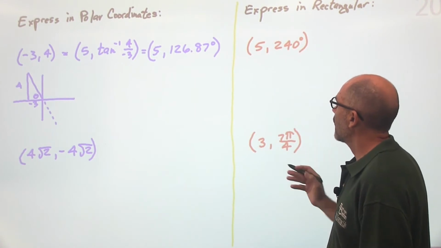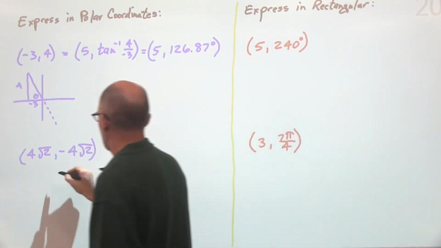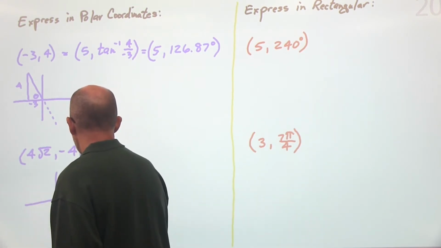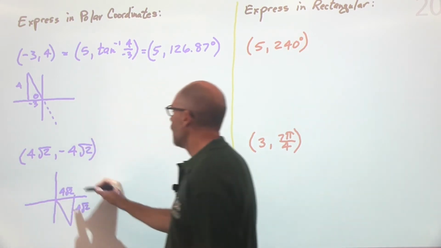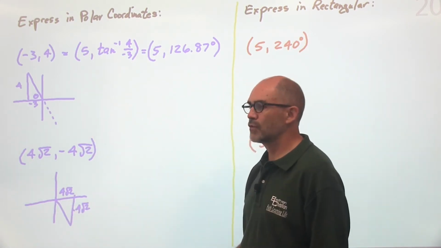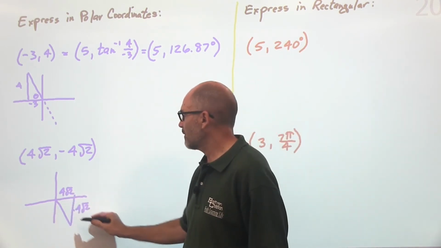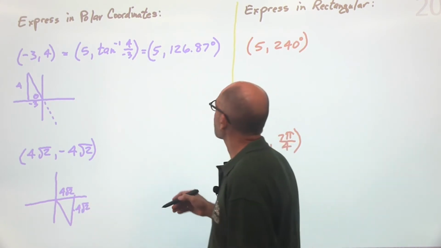Okay, so let's try another one. 4 square root of 2, negative 4 square root of 2. So we're going right 4 square root of 2, and we're going down 4 square root of 2. Well, so we know we have a 45, 45, 90 right triangle, so that means we know the angle is that 45 degrees in the 4th quadrant, which makes it 315.